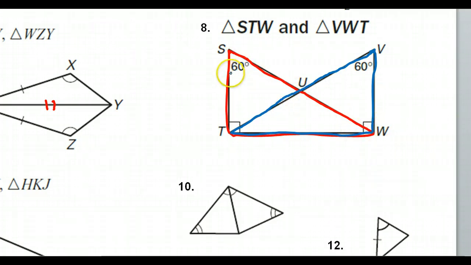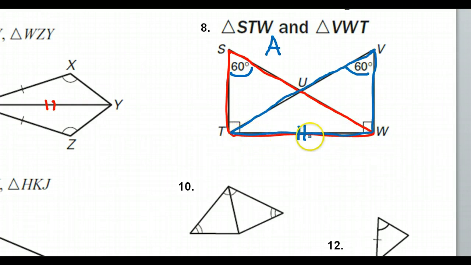Well, look, I've got an angle right there. So I definitely have an angle. What else do I have? I have an angle so far. I also have, well, look at WT. That is another case of a common side. WT is a part of the red triangle, and WT is also part of the blue triangle.